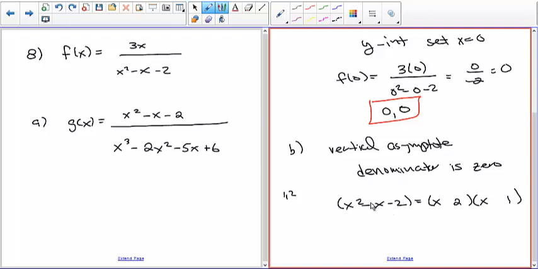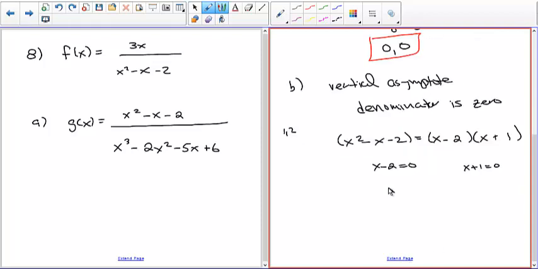Since I have a negative in the middle, the product of these last two numbers has to be negative. So x minus 2 will force this to go to 0, and x plus 1 equal to 0 will force it to go to 0. So I get the values x equals 2 and x equals negative 1.